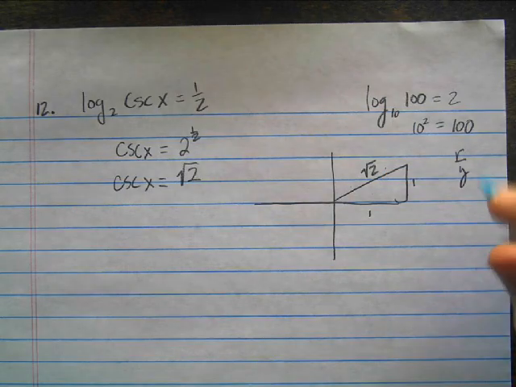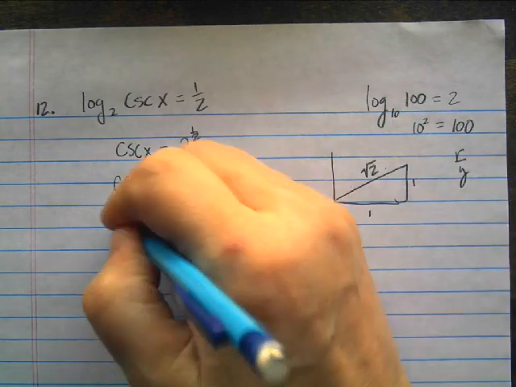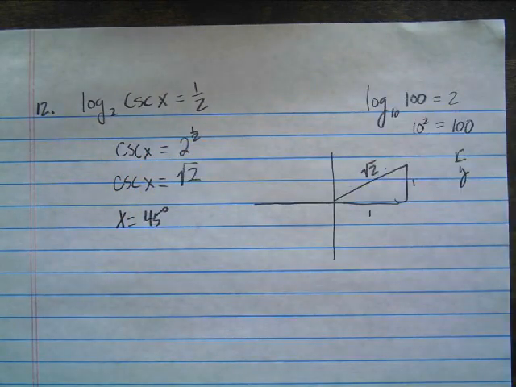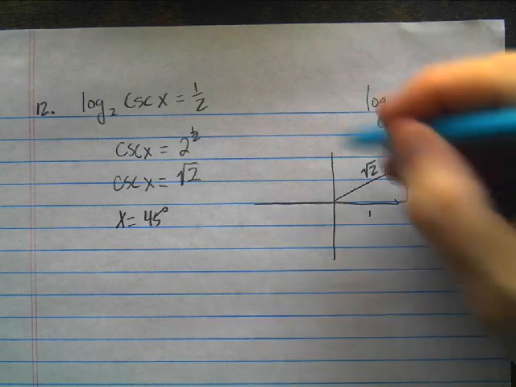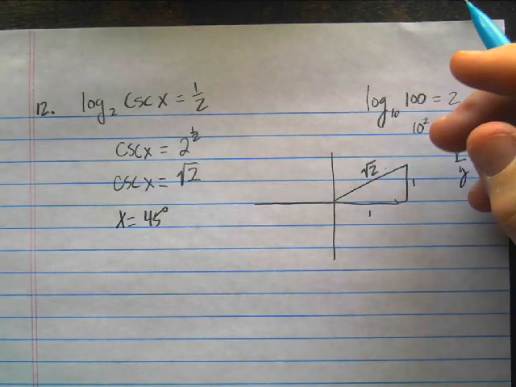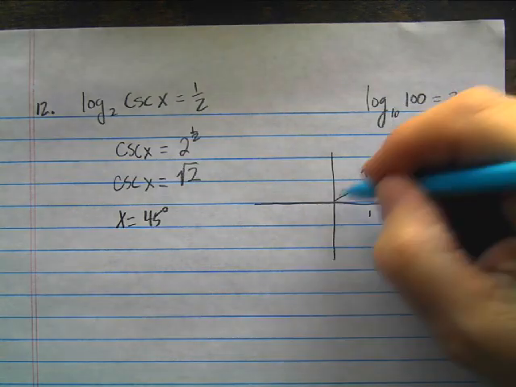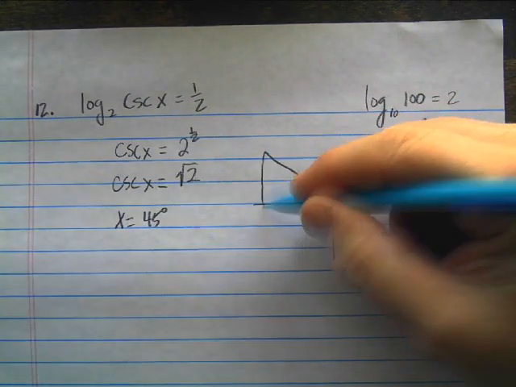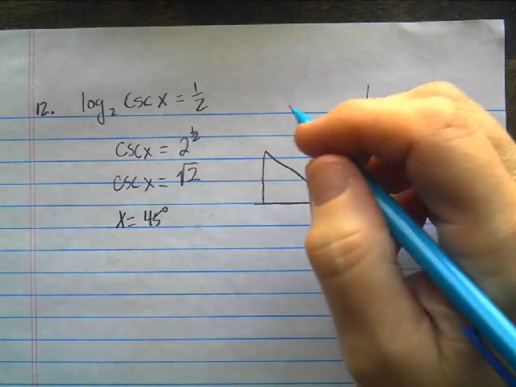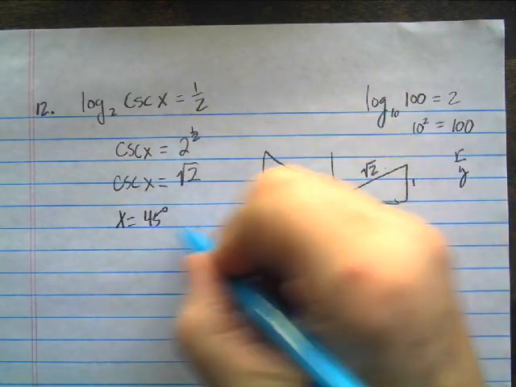And for this problem, we are still in degrees. So x is 45 degrees. And then the other place that cosecant is positive is where sine is positive, and that's in the second quadrant. And that second quadrant answer is 135 degrees.